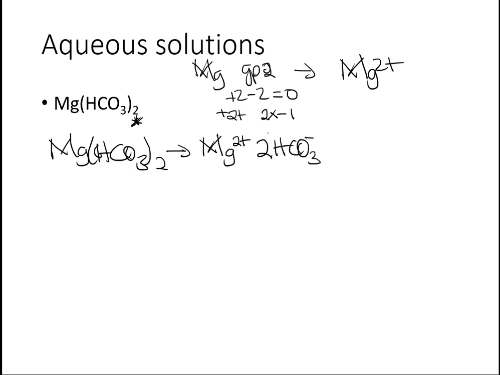So we are saying the charge of magnesium is 2 plus, therefore the charge of each bicarbonate is a negative. This becomes Mg 2 plus, 2 HCO3 negative.